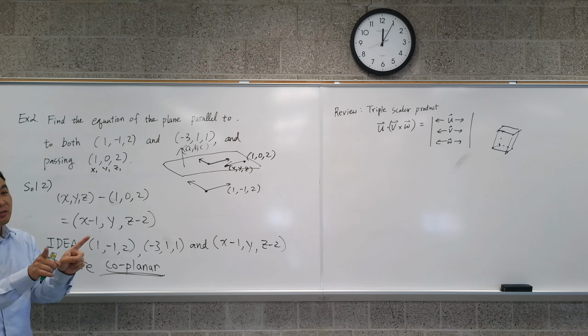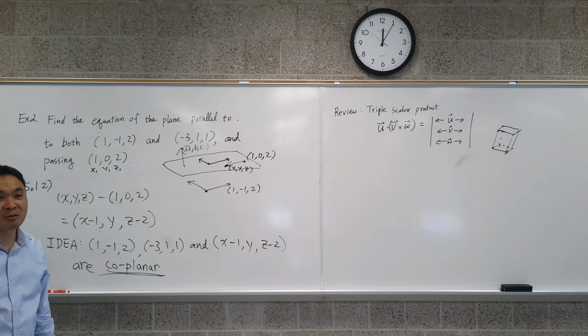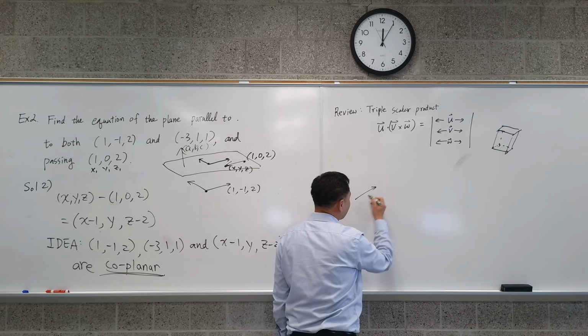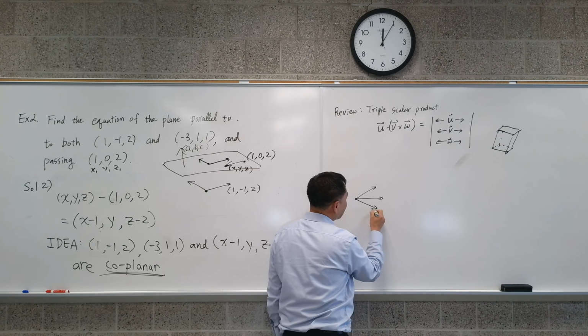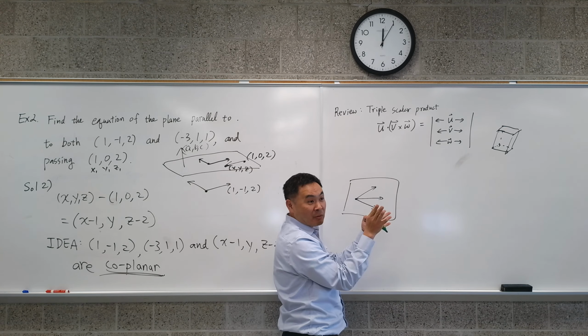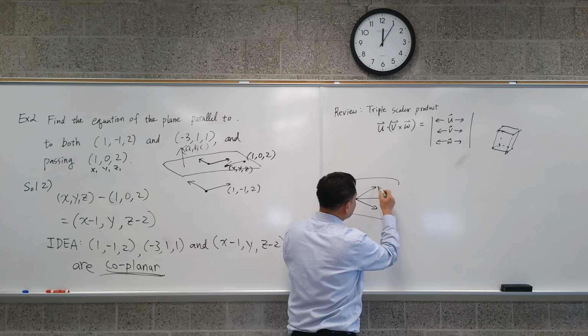If all 3 vectors lie on a single plane, what would be the volume of the parallelepiped? 0. You have to be able to imagine it. If your 3 vectors all lie on a single plane, nothing is popping out. So the parallelepiped also lies on the plane.